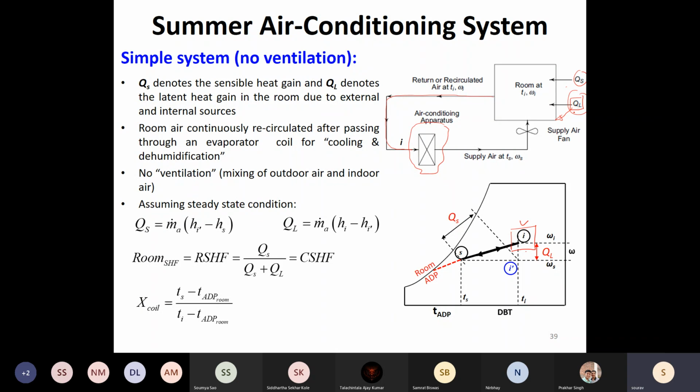The second component in the latent load is the leak. If you have doors and open windows, you will have a lot of air coming in, and that will bring in moisture. Especially in our country, the build quality of our rooms is not very good. We have lots of gaps in our window frames and door frames, so even though they are closed, there are a lot of leakages.